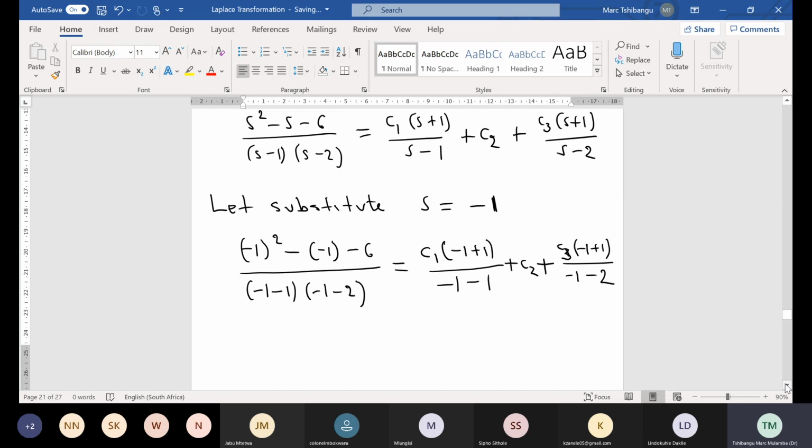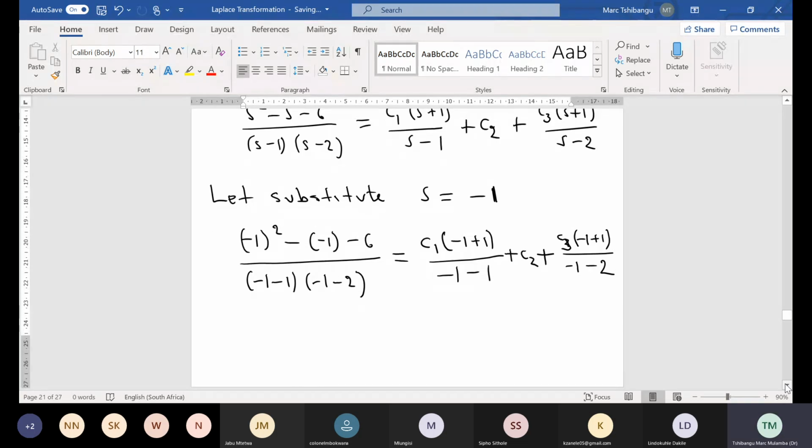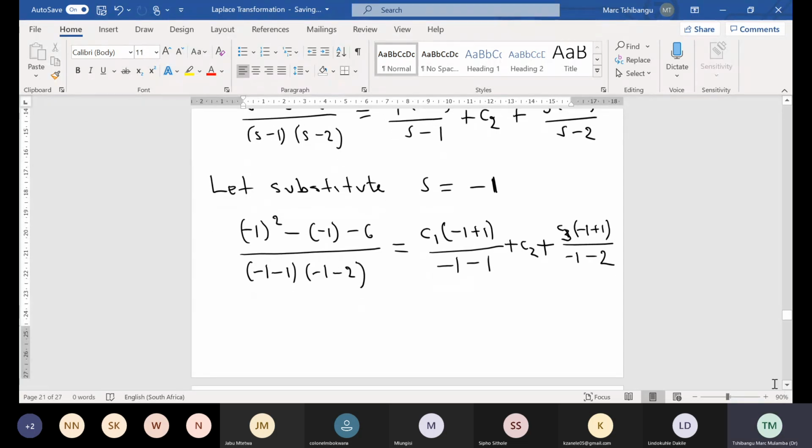Let's do the math. We have 1 plus 1 minus 6, that is -4, over -2 times -3, that is 6, equals... -1 plus 1, this term will be equal to 0.